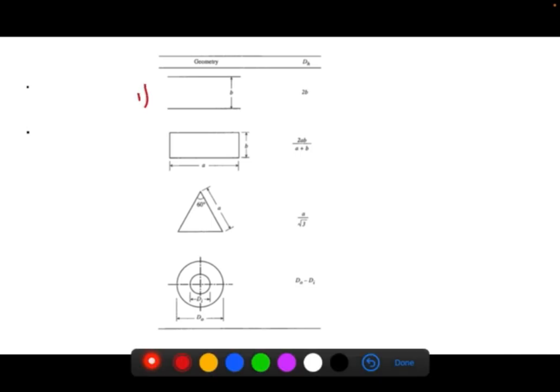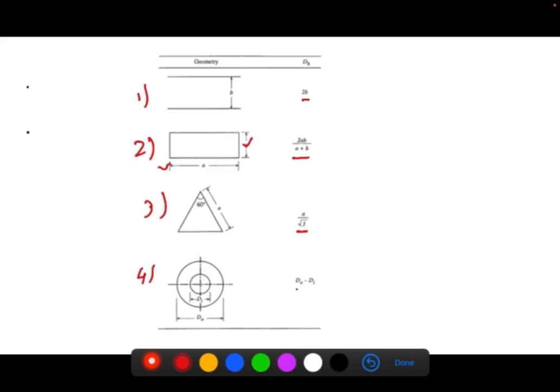First geometry is two plates with a distance B between them. The hydraulic equivalent diameter is 2B. For a rectangular duct of length A and breadth B, we have hydraulic equivalent diameter as 2AB upon A plus B. Third, we have an equilateral triangle with side A. Its hydraulic equivalent diameter is A by root 3.